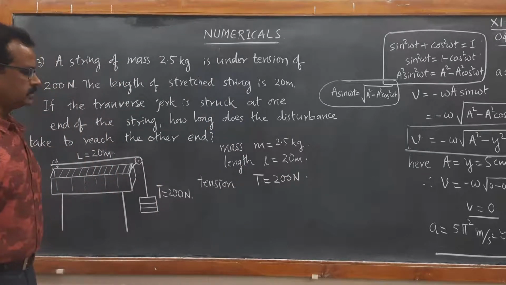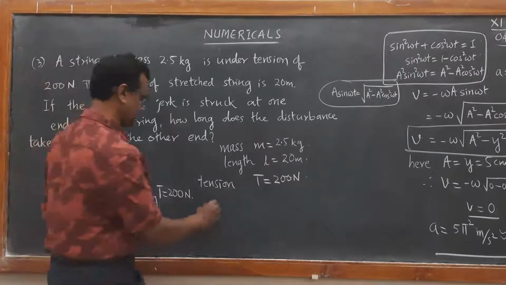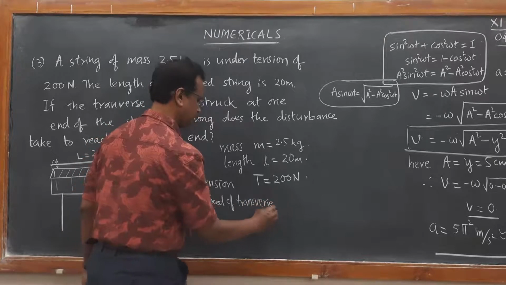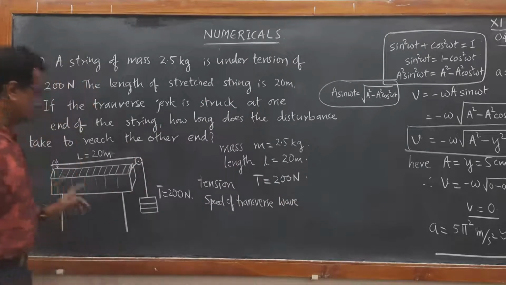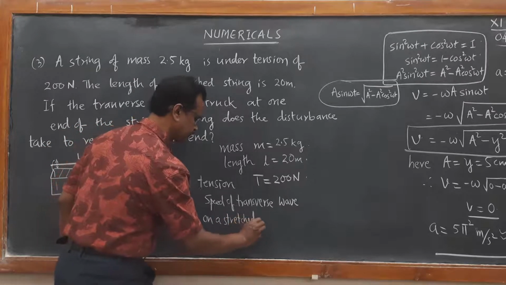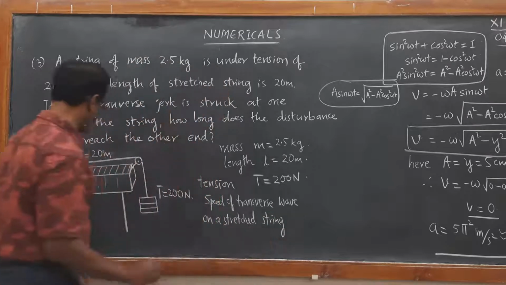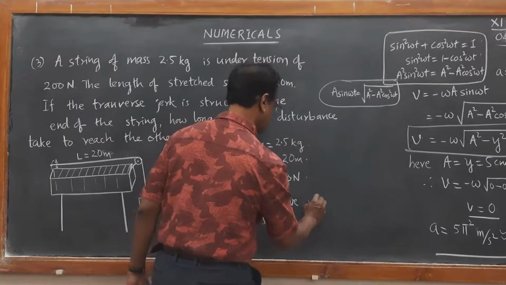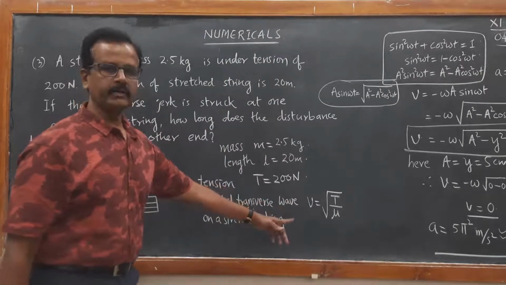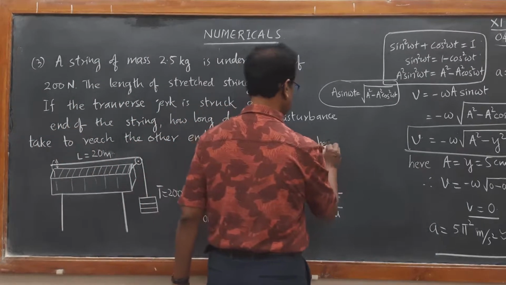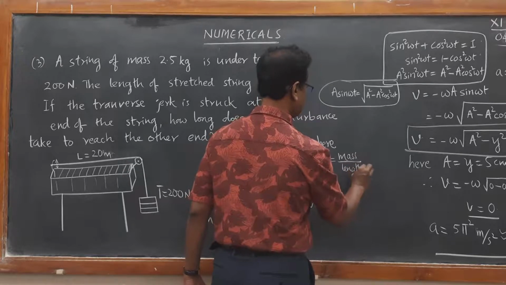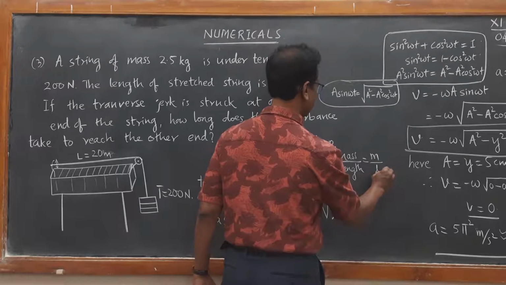Now we know the speed of a transverse wave on a stretched string, V is equal to square root of T by mu, where mu is called mass per unit length, that is m by L. This is called linear mass density.